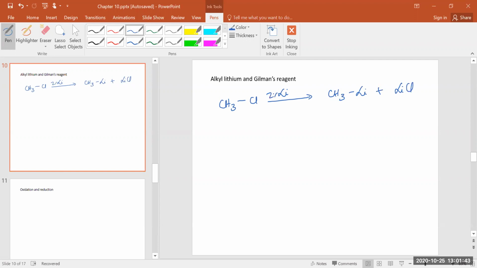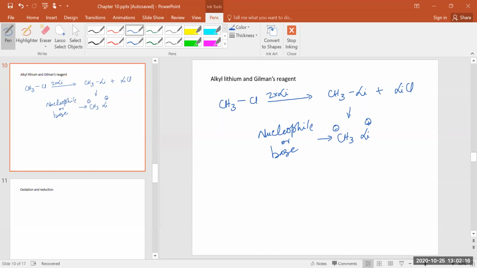To write a balanced equation, you need two atoms of lithium, because lithium has only one valency, it can transfer only one reagent. Same as Grignard reagents, here methyl has a negative charge and lithium has a positive charge. So this methyl is a nucleophile or base. So all the reactions will happen like Grignard reagent.